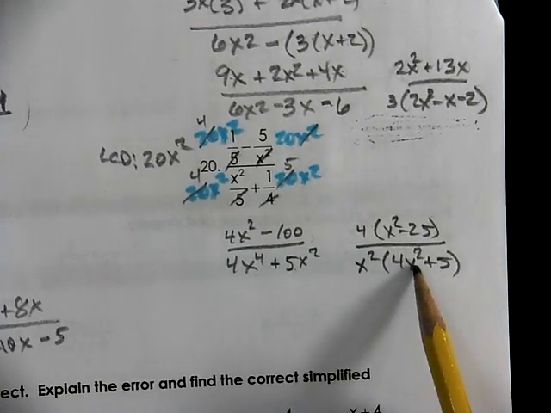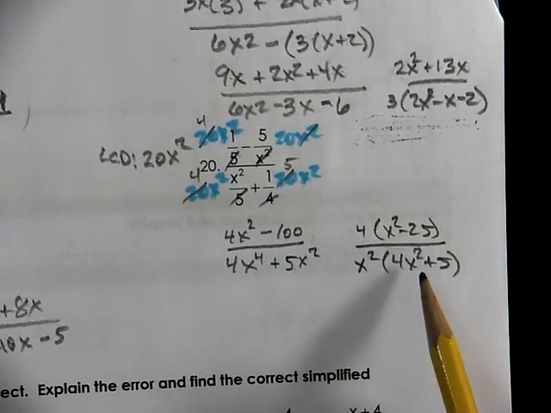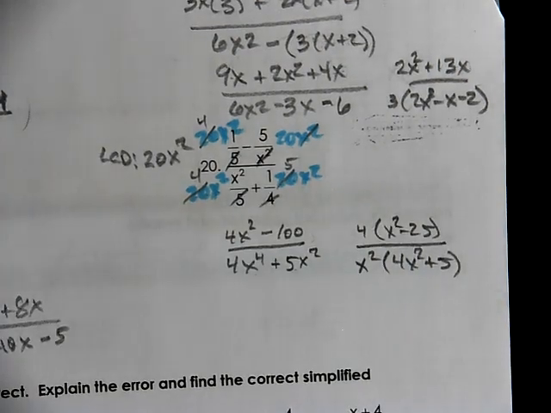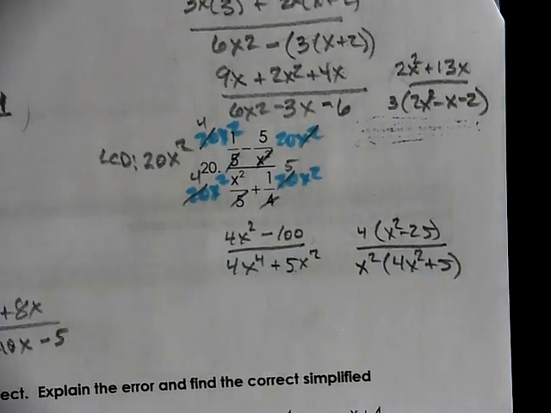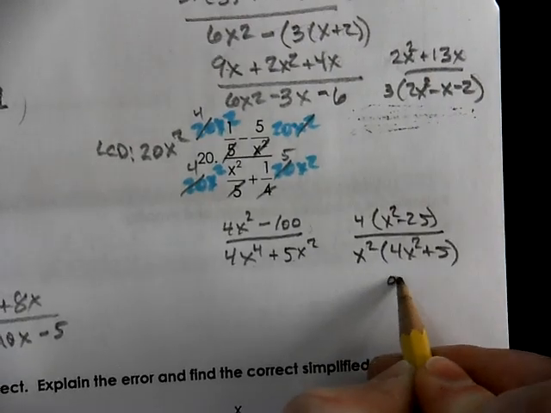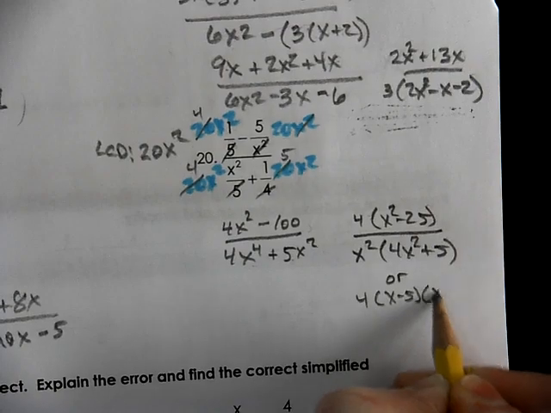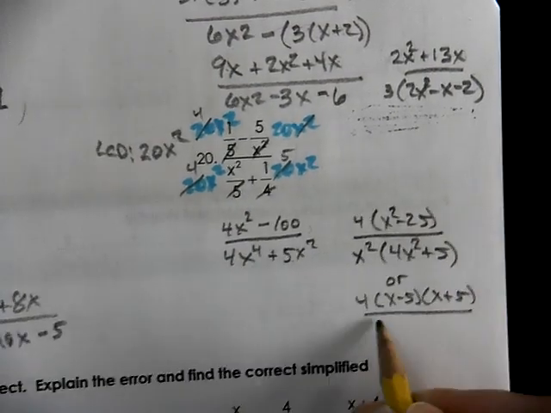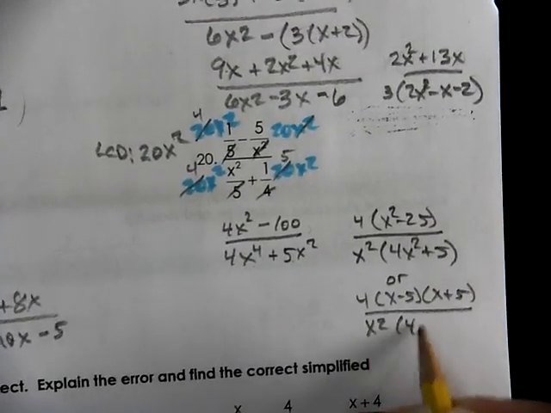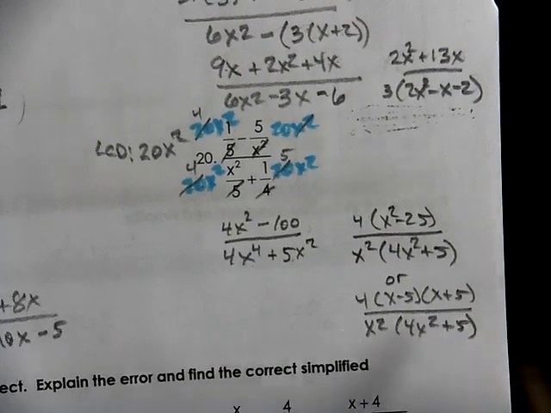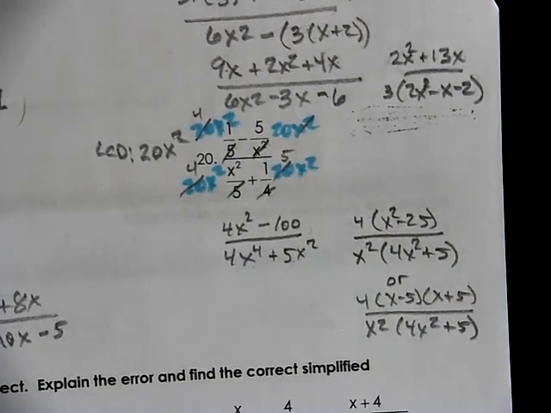That doesn't factor anymore. That one does, but it wouldn't reduce with anything. So that's the best we can do. If you would like to factor the top, you could factor the top. The bottom does not factor. Nothing crosses out.